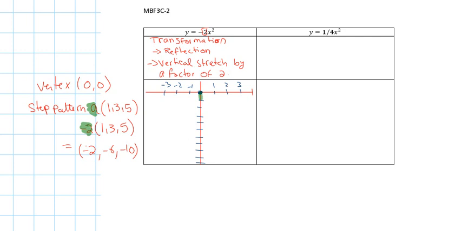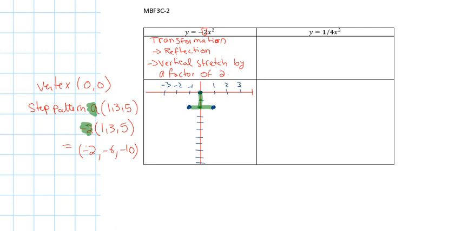So you see where my point is right now? Down 2 over 1 to the other side. Now, how many down do I need to go from this point?